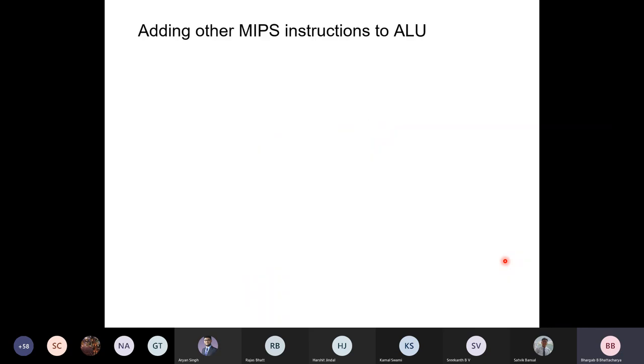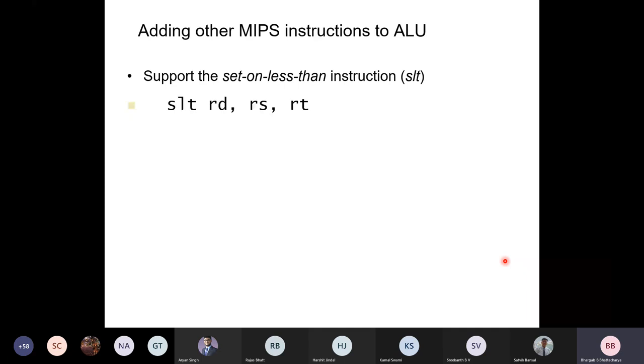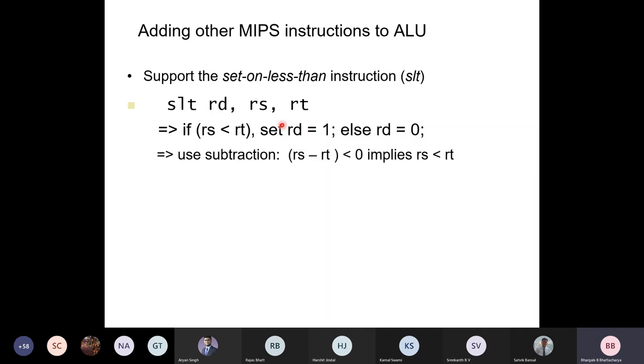Now we are going to add another instruction. How do we support the set on less than instruction, SLT RD, RS, RT? If the content of RS is less than RT, then you set RD to 1, else RD to 0. In order to do that, I need to subtract the content of RT from RS, and if the result is negative, the condition is satisfied.